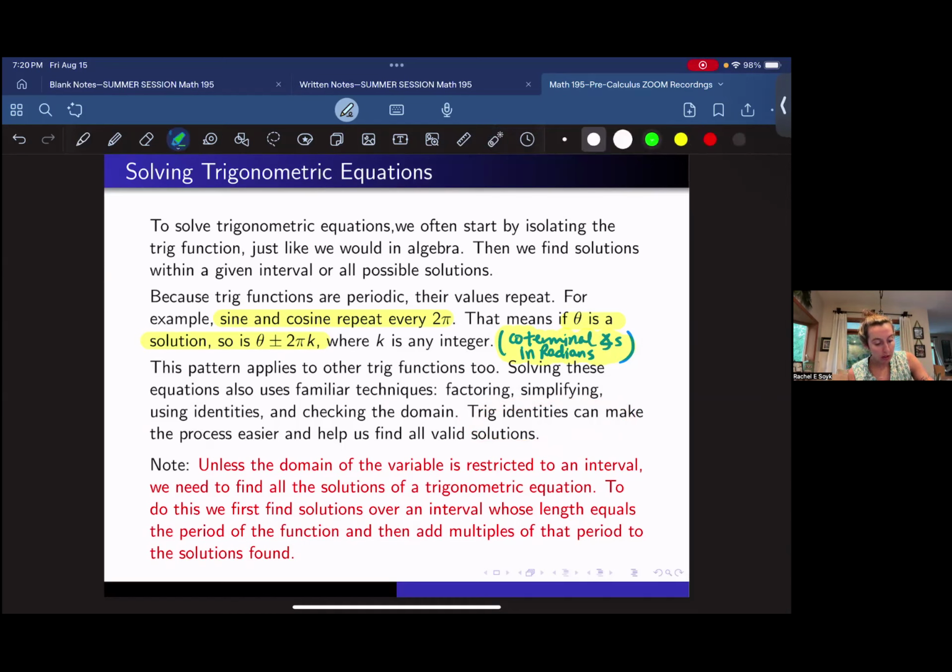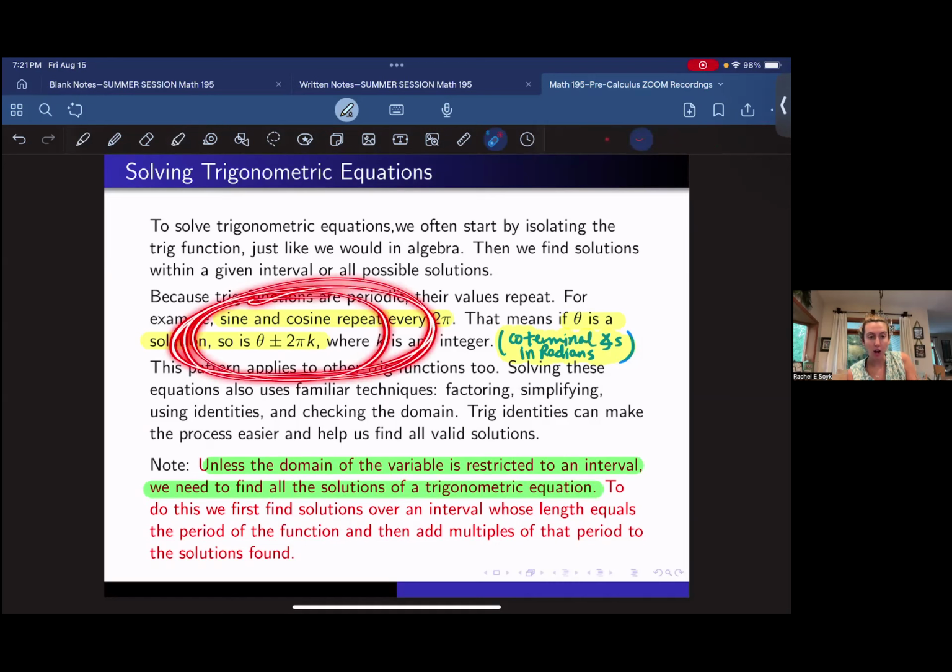The last note that I want to make on this page is unless the domain of the variable is restricted to an interval, we need to find all the solutions of the trig equation, aka we need to have this format. And to do this, we first find the solutions over the interval whose length equals the period of the function.